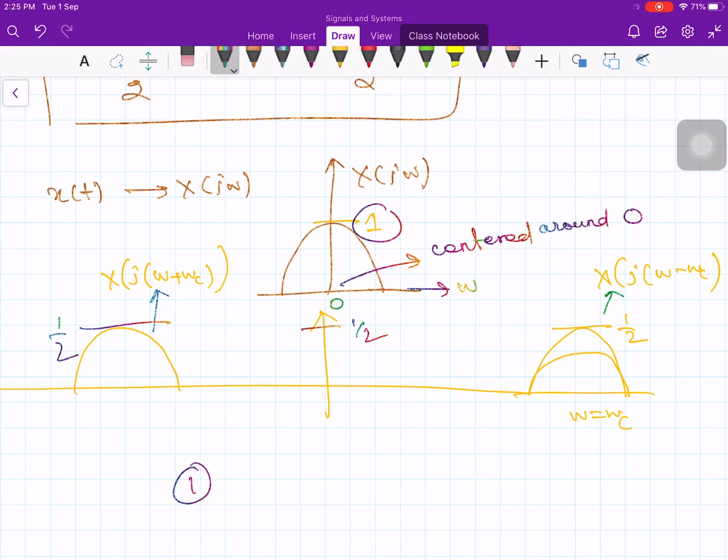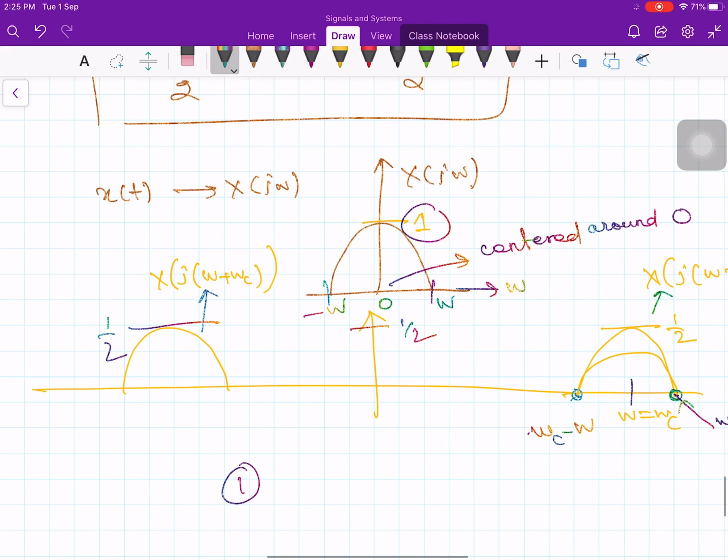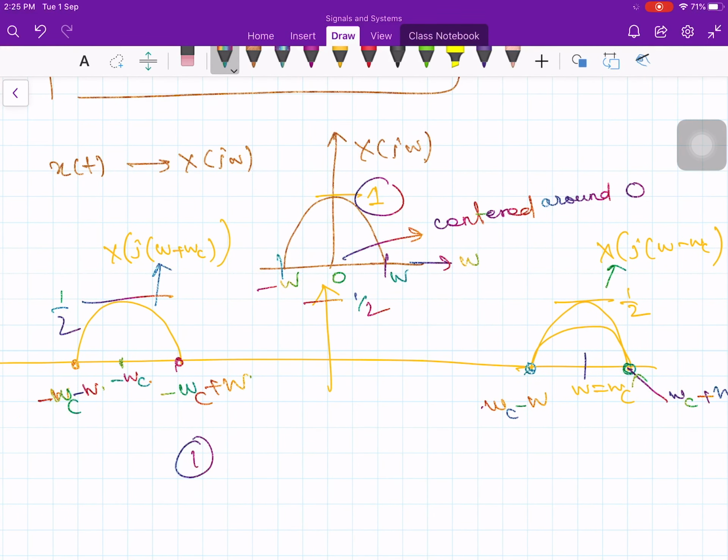Let's say this is plus W and this is minus W, and this point is omega c plus W, this point is omega c minus W, this point is minus omega c plus W, this point is minus omega c minus W, and this point is minus omega c. So instead of the spectrum being centered around 0 frequency, now it is centered at omega c and minus omega c.